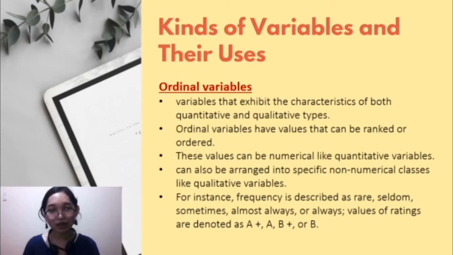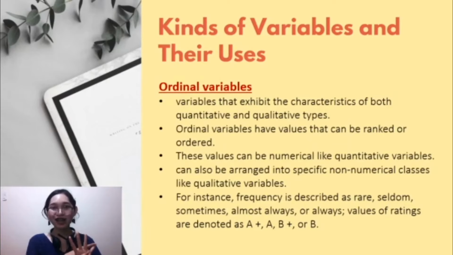So as you can observe here, for example, may sinagutan kayong survey questionnaire. Strongly agree, agree, strongly disagree, and disagree. Di ba mga descriptive choices. It is under qualitative. However, you can integrate a value that is numerical for that one.